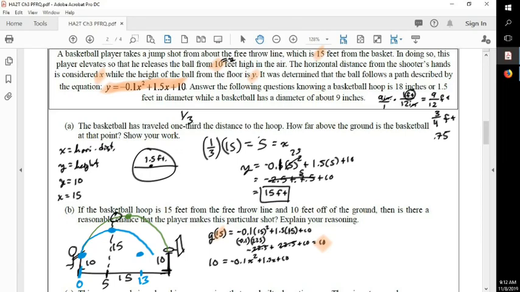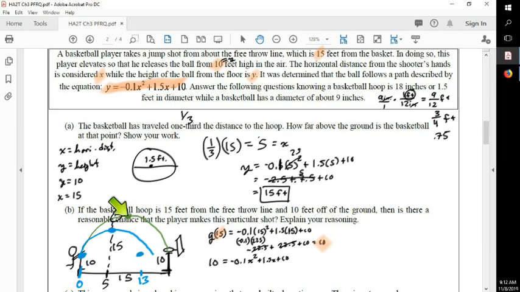Okay, so I'm going to say it, then I'll write it. I'm going to say, well, at 15 feet away from the athlete, the ball is 10 feet in the air, which is how high the basket is.